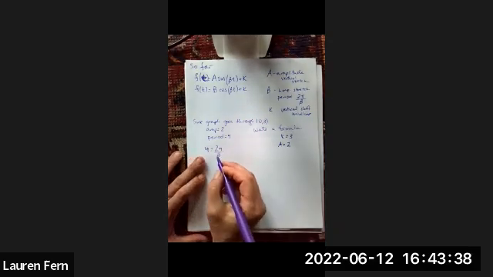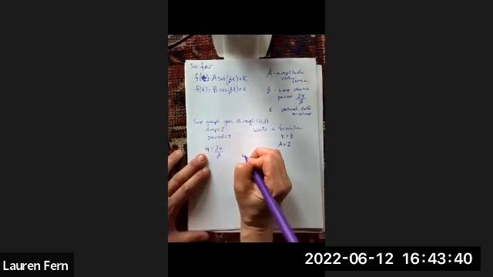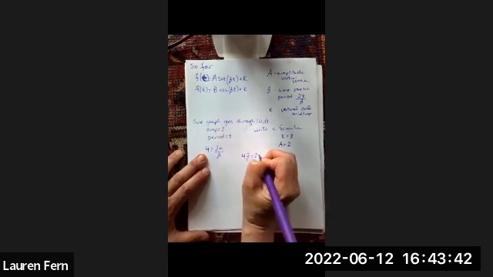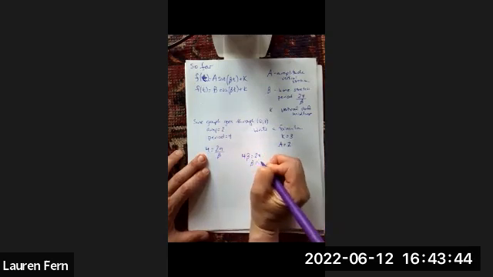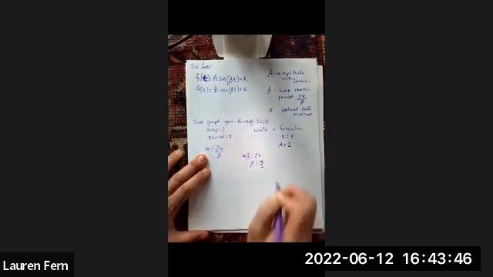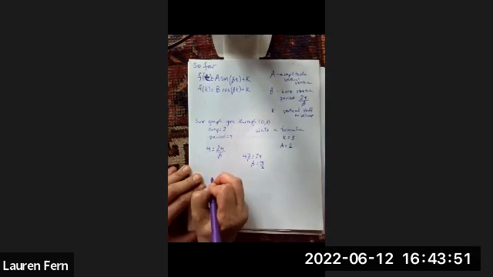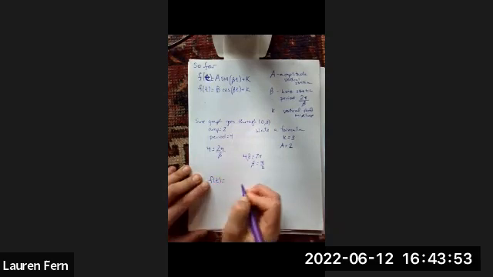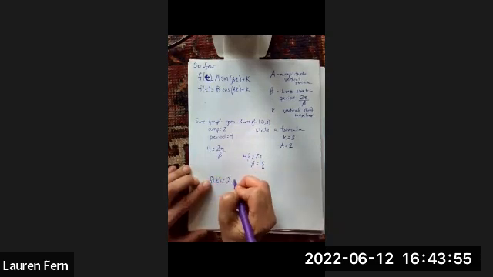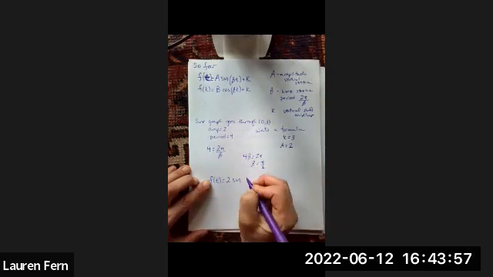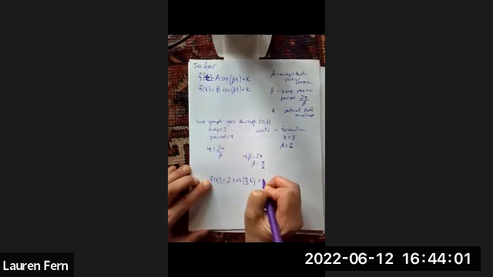Well, we can certainly solve this for beta, multiply both sides by that. So I'm going to get beta to be equal to pi over 2. So the equation of this particular function is 2 times the sine of pi over 2 t plus 3.